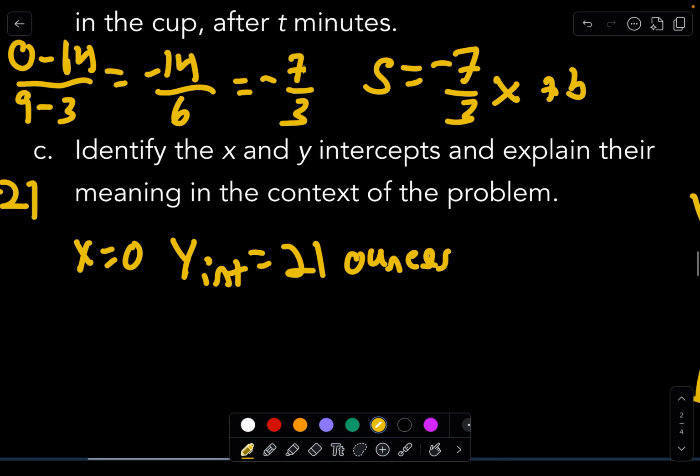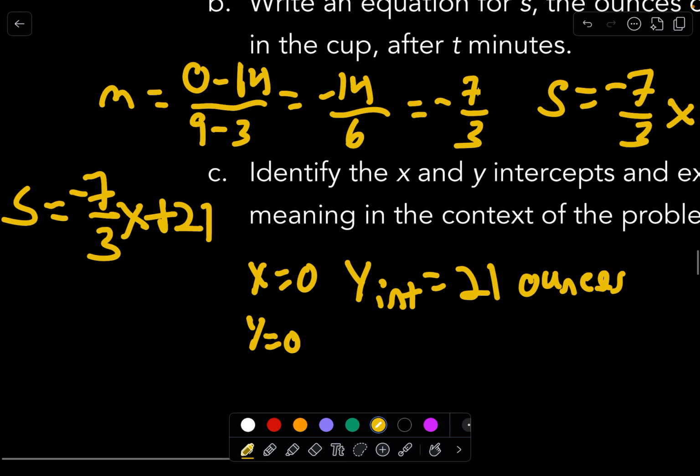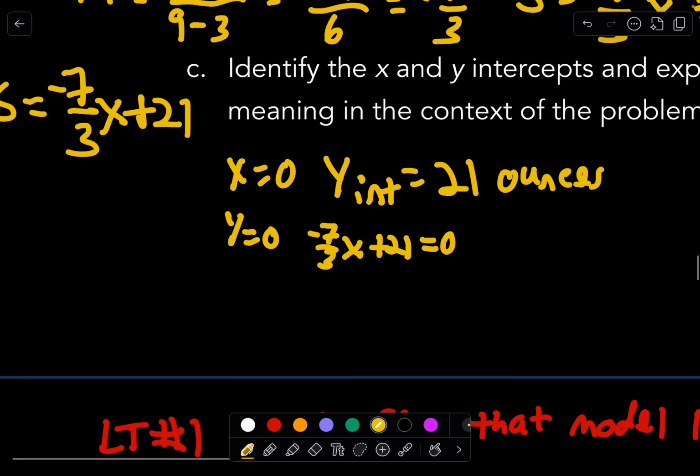Okay? And the X-intercept is when Y equals 0. Now, that one's a little bit trickier because you're going to have to solve this equation for X. Negative 7/3 X plus 21 equals 0. How do you solve it? Subtract 21.